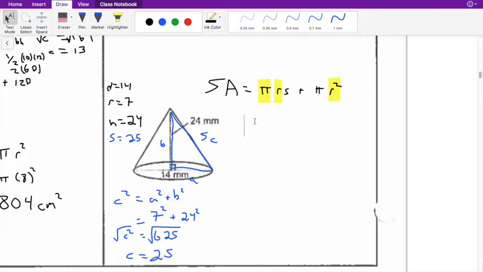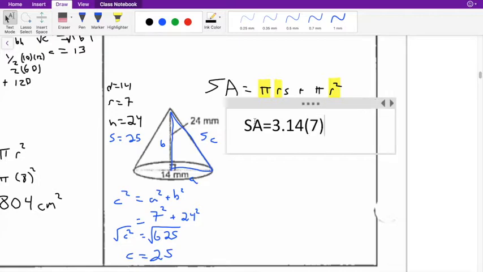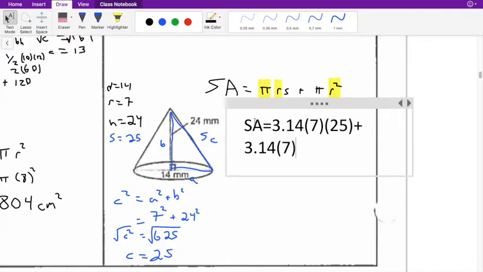And of course, I don't have a symbol, I believe, for pi, so I'm just going to write 3.14 times our radius, which is 7, times our slant, which is 25, plus pi, which is 3.14, times our radius, which is 7, and we will square that.